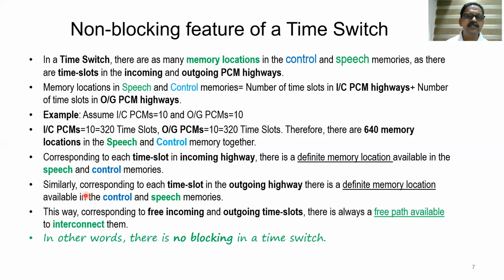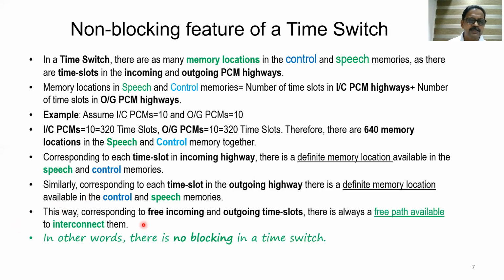Similarly, corresponding to each time slot in the outgoing highway, there is a definite memory location available in the control and speech memories. So it is so in the case of outgoing PCMs also, for each and every time slot in the outgoing highways, there is a corresponding memory location for control and speech memories.